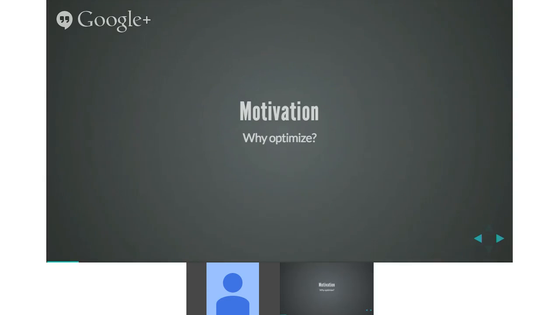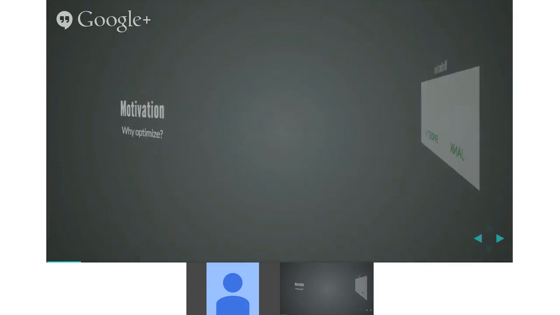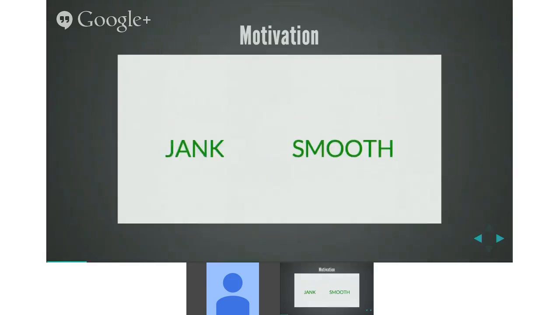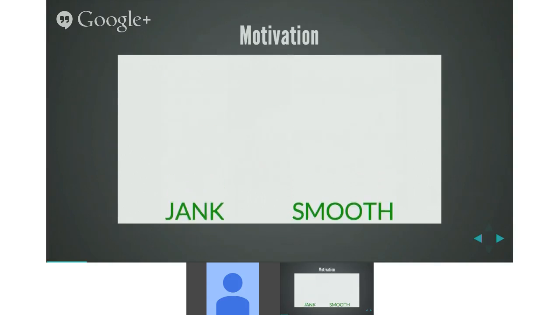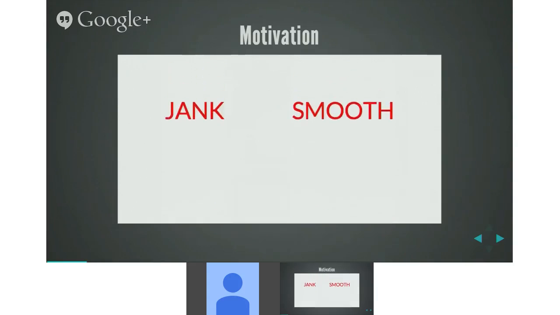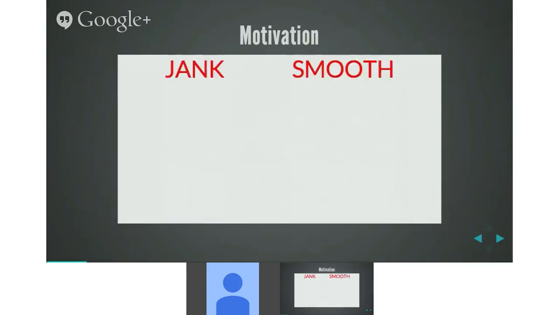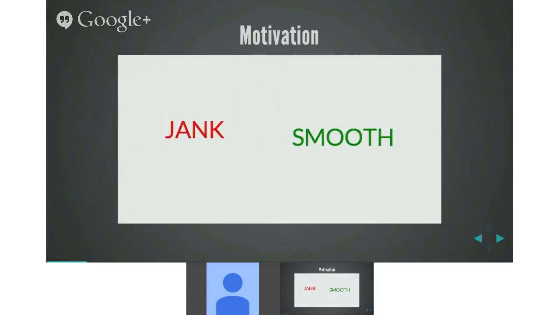So the motivation for doing optimization at all. There's jank. And if we spend too much time in style recalc, in particular on mobile, you will see jank. So this is actually not very smooth.